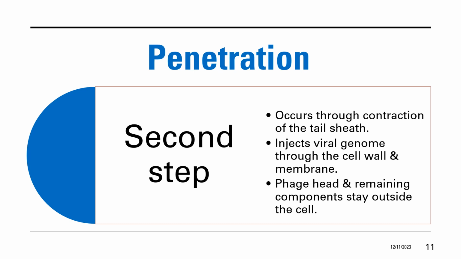Next, we have the penetration step, which is the second step that occurs. This occurs through contraction of the tail sheath. That tail injects the viral genome through the cell wall and membrane, but the phage head and remaining components stay outside of the host cell.